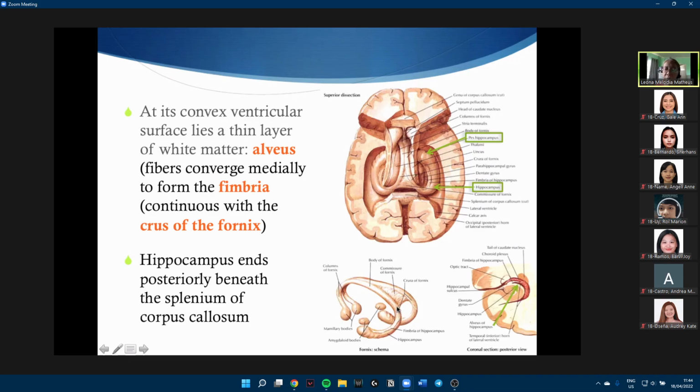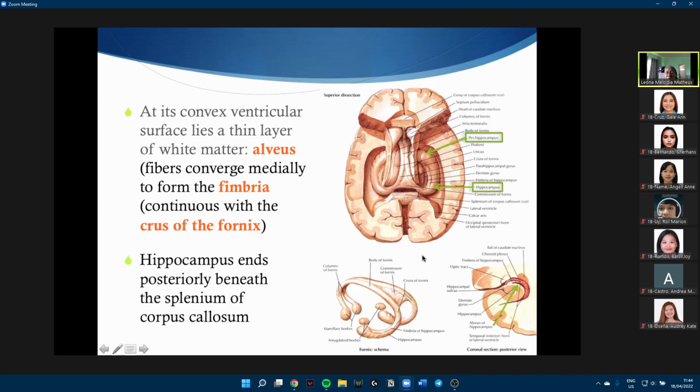So these three parts that we have mentioned are already parts of what we call the connecting pathways of the limbic system. So we have already mentioned three. Again, the alveus converges medially to form the fimbria, and the fimbria continues upward to form the crus of the fornix.